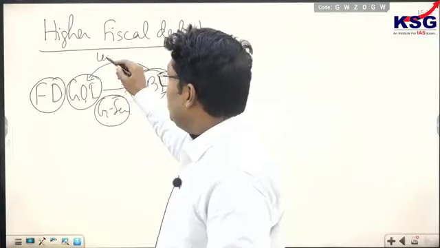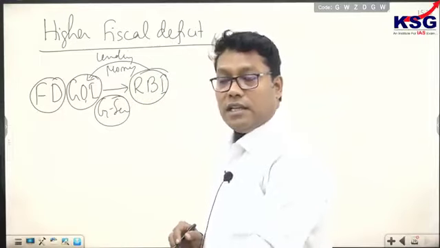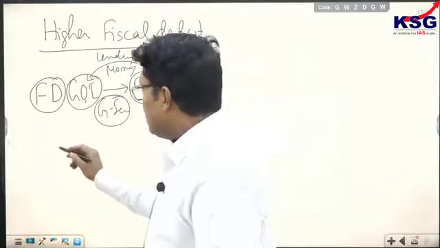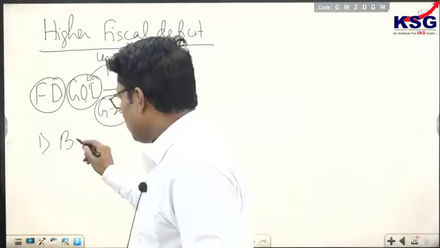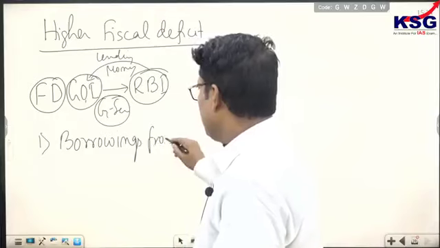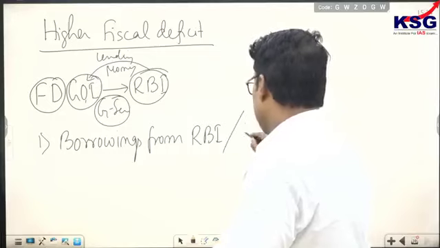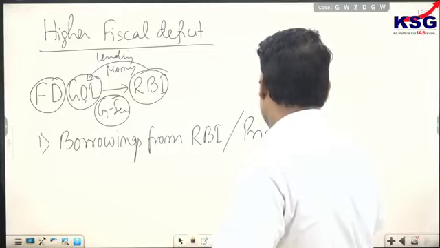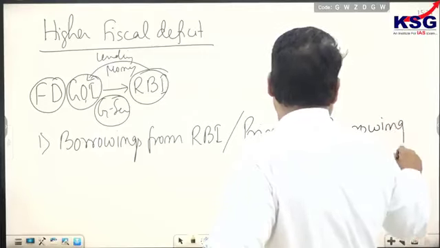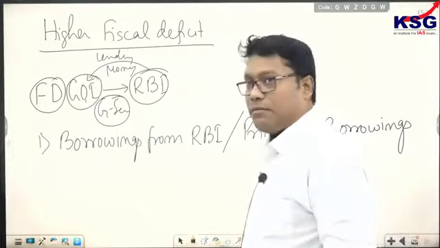When the Government of India is borrowing from the RBI, it is known as borrowings from RBI, or you can say primary borrowings. Clear?